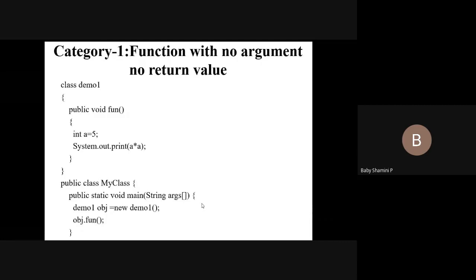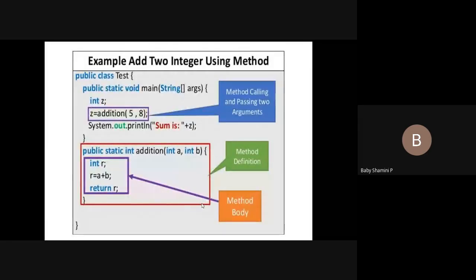If the function public void function is present inside the main method, there is no need to create an object. See here, public class Test. Under this main method we have a function definition.